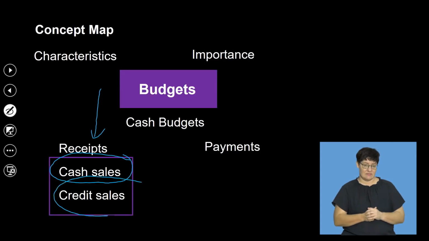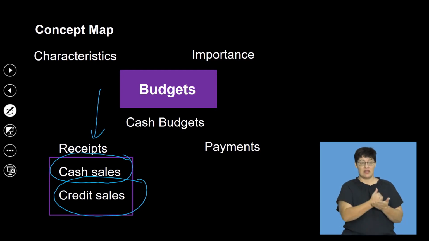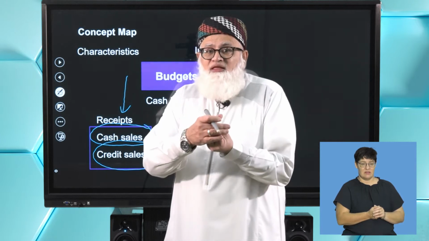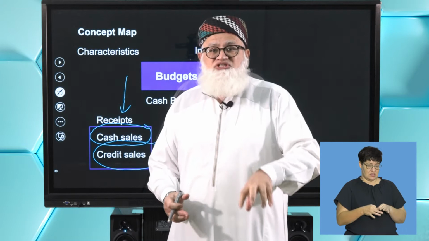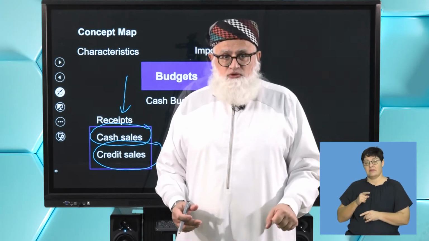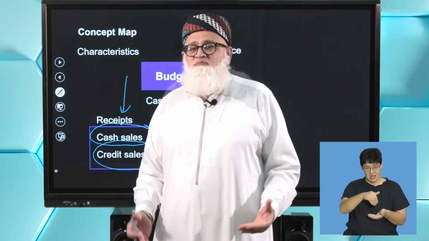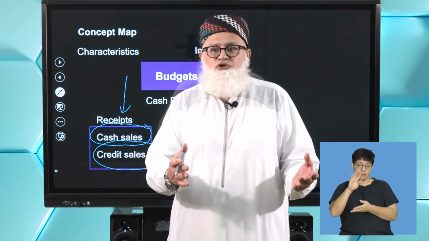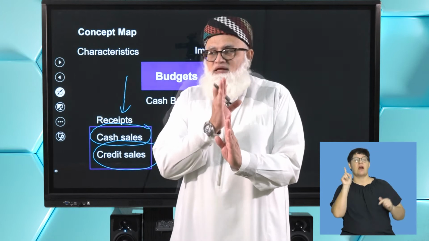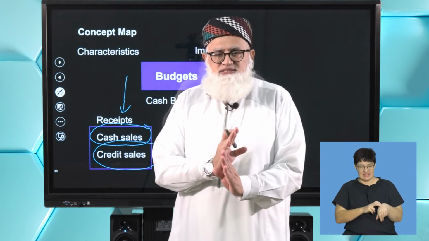And then we said, with the credit sales, the credit sales is going to be the most important figure when we are doing our debtors collection schedule. So in other words, the moment you see debtors collection schedule, immediately you realize that I need my credit sales.